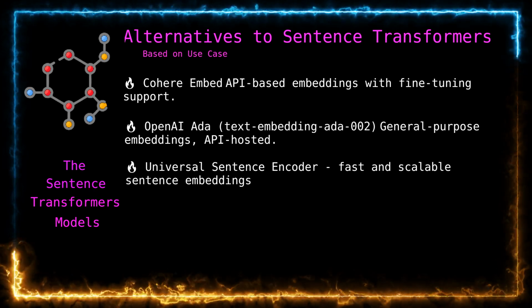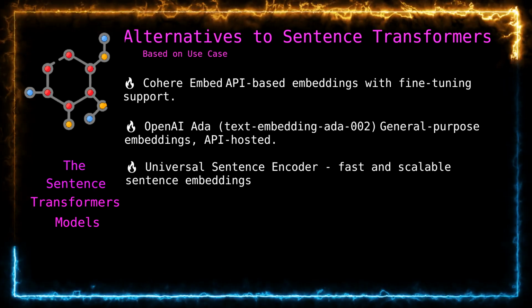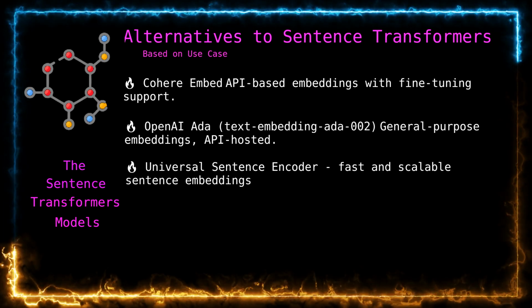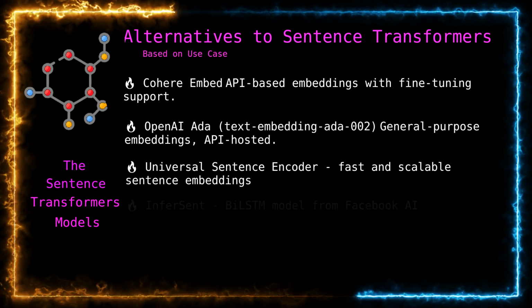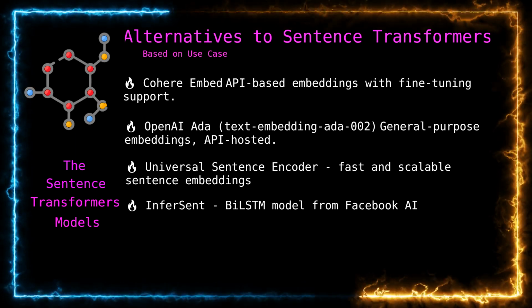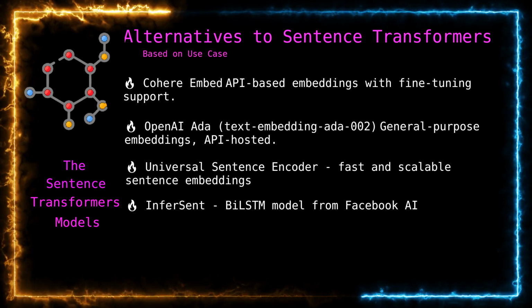Universal Sentence Encoder, a Google-developed model optimized for fast and scalable sentence embeddings, available via TensorFlow Hub. InferSent, an LSTM-based model from Facebook AI, one of the earliest sentence embedding approaches.